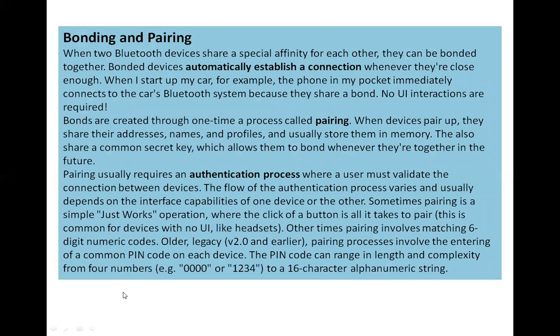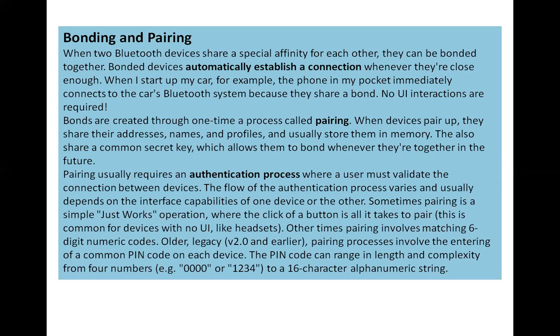Now, how the bonding and pairing is carried out between two Bluetooth devices. When two Bluetooth devices share a special affinity for each other, they can be bonded together. Bonded devices automatically establish a connection whenever they are close enough, within the range of 10 meters or less.